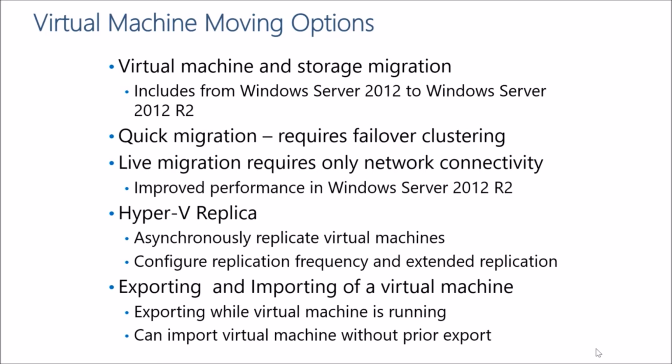Okay. All right. So getting back to Hyper-V Replica, it says it's asynchronous. When you see a word that says "a" in front of it, it means not, basically. Asynchronously replicates means not synchronously replicates the virtual machine. What does that mean?